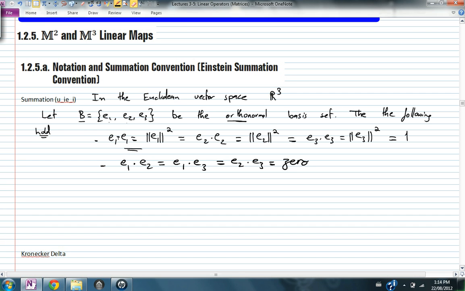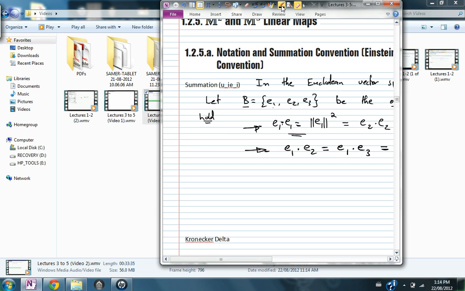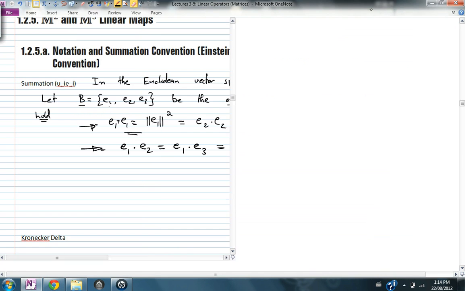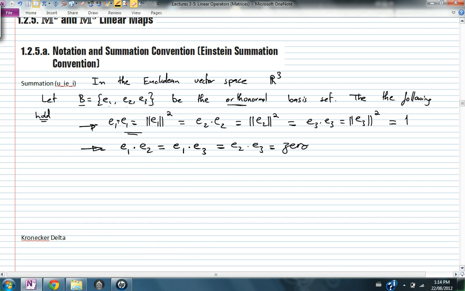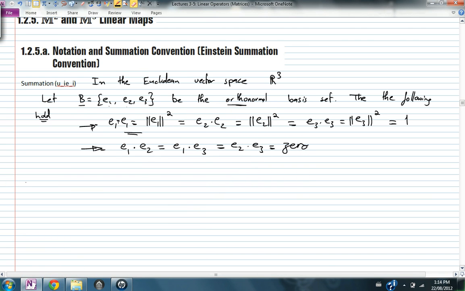So we can summarize those two big equations into one equation, by introducing something called the Kronecker Delta.